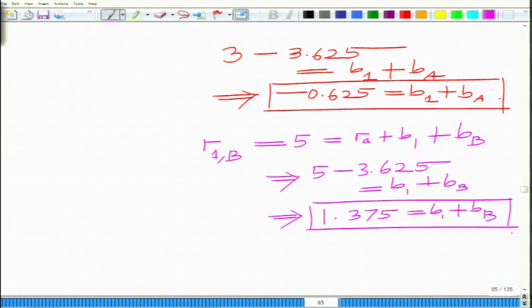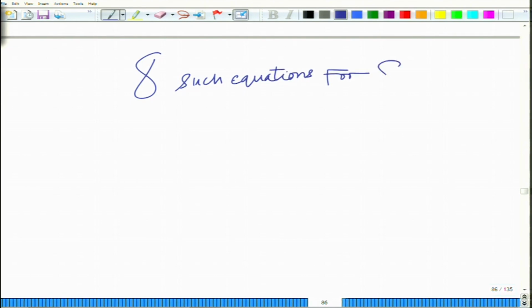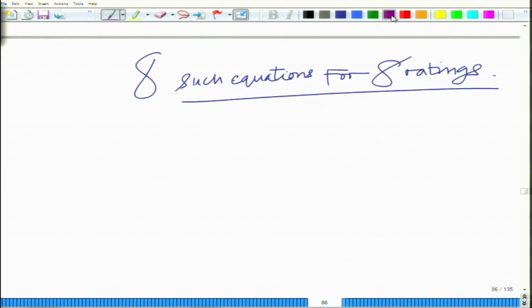You can form all such equations. In fact, you will have 8 such equations, since you have 8 ratings. So let us write down the equations. Let me just write the 8 equations clearly.